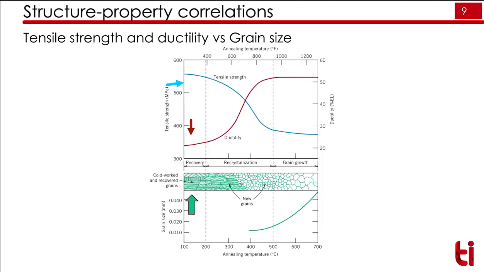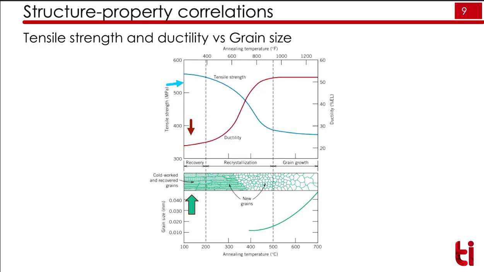Now the grain size will increase, and that has been shown pictorially here. Here we have a very small grain size, here we have a very large grain size, and this is because atoms get sufficient time or energy due to temperature for rearrangement, and the smaller grains grow at the expense of larger grains. So what is the effect of this on the property?